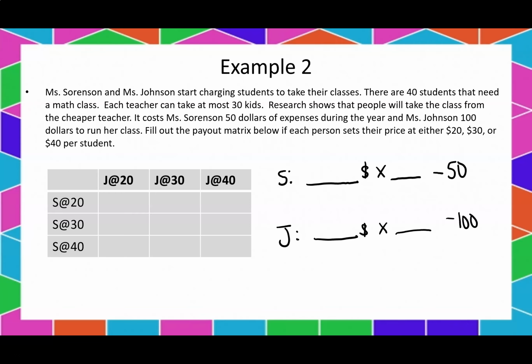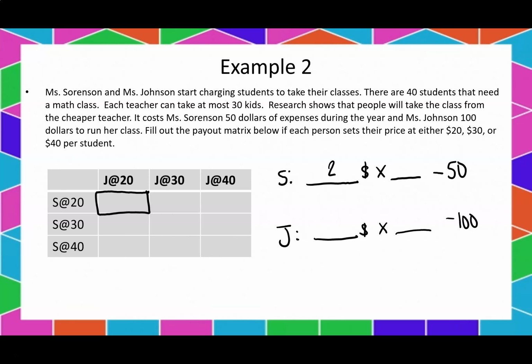Well, it didn't say in the problem, but you should assume that if both teachers set their price for the same amount, they're going to split the kids. So in these, we are splitting the kids. So we're at 20-20, and then we're both at 30-30, then at 40-40. But let's first focus on this 20-20.